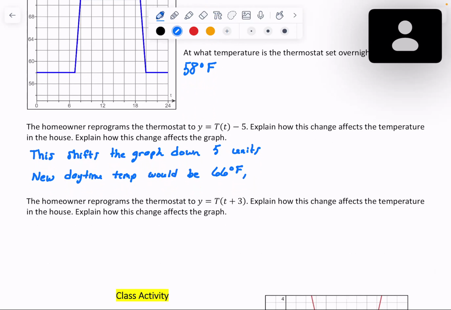And the new overnight temperature would be what? 53, yeah. The new overnight would be 53.